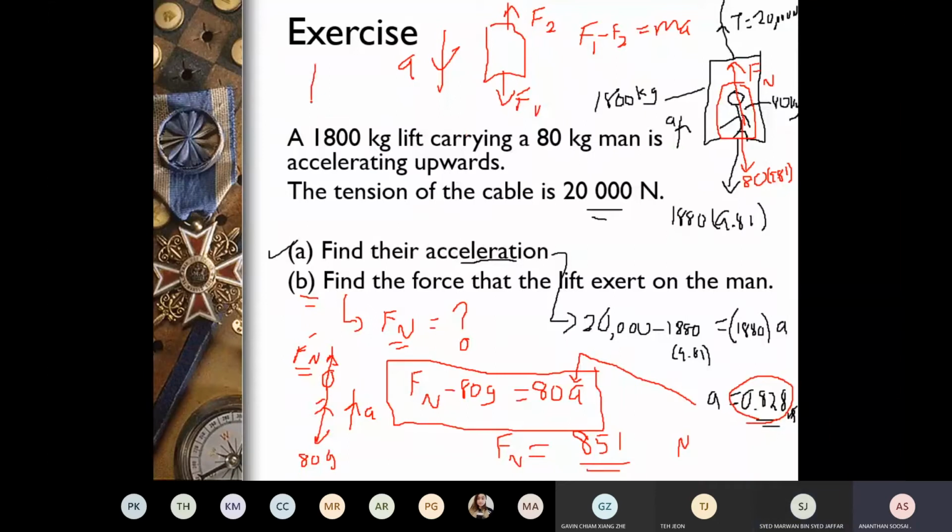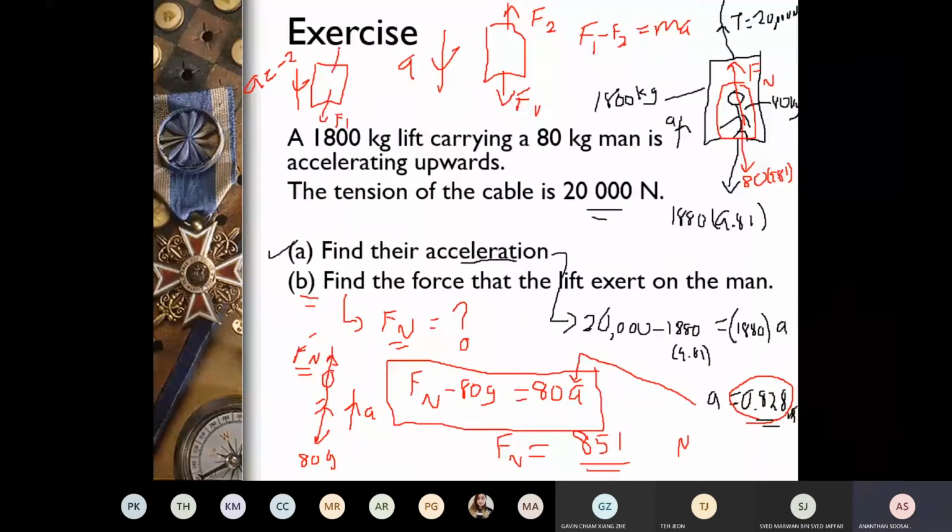Let's say a question asks, a lift is going down and the deceleration is -2. It decelerates, so a is -2. Downwards, a is -2. So what do you do?